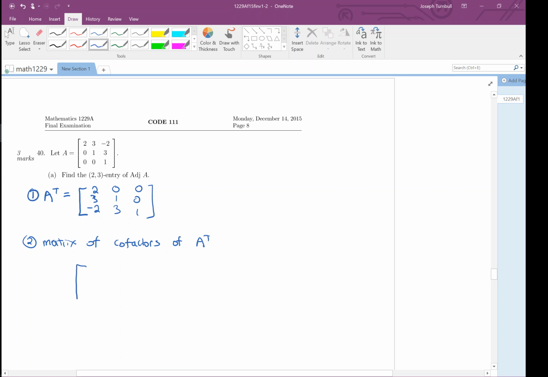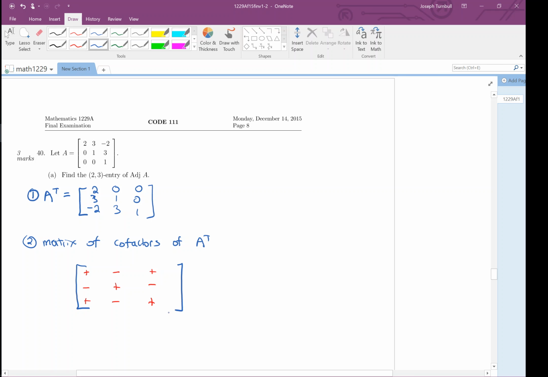So we'll have, when we do that, our cofactors have the negative 1 to the i plus j, negative 1 to the power of the row plus the column. And that results in the following plus minus pattern. Plus, minus, plus, minus, plus, minus, plus, minus, plus.